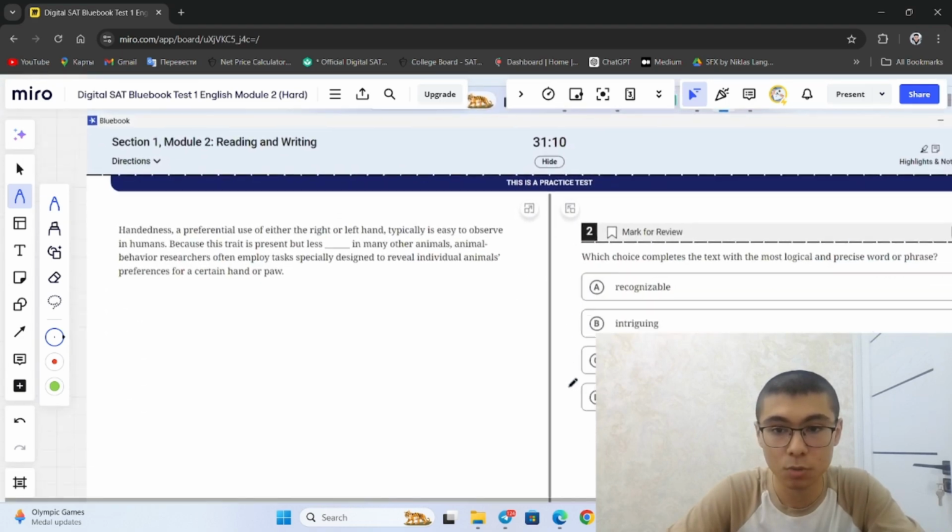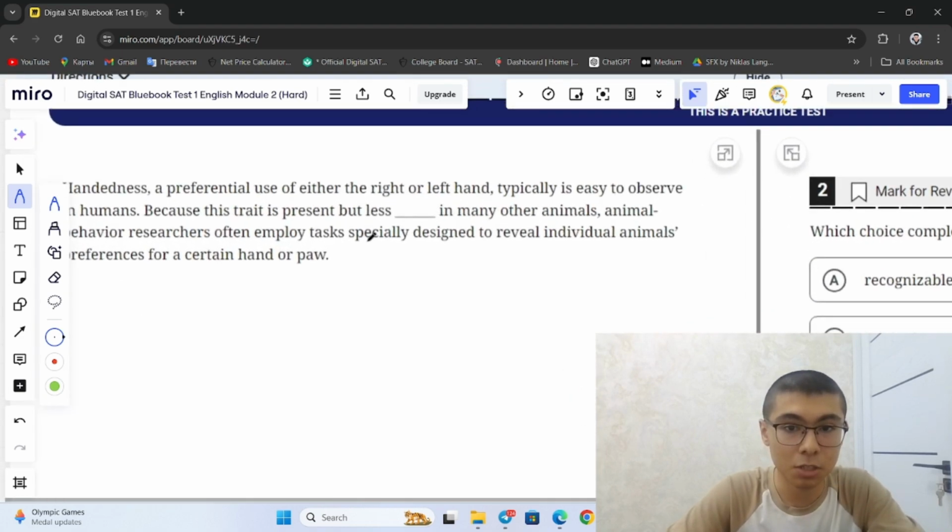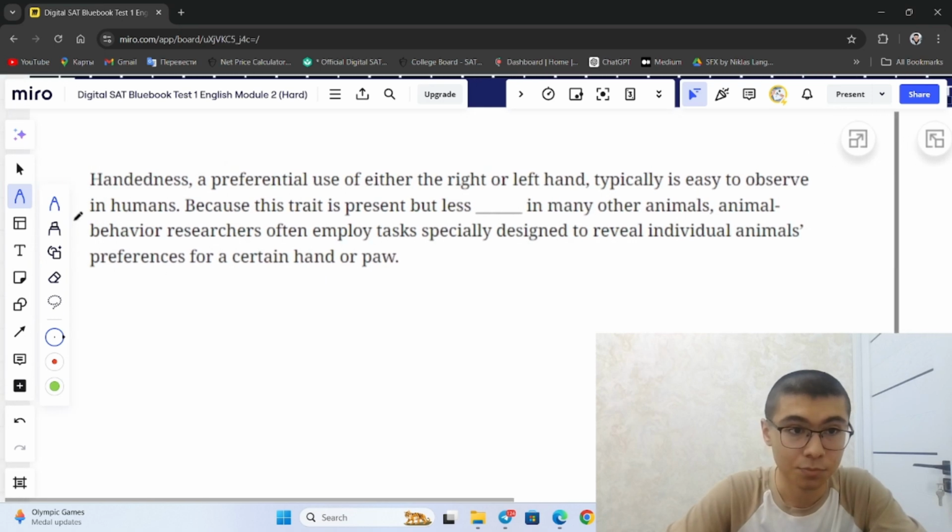So question number 2. Again, first I'm gonna look at the text. Handedness, a preferential use of either the right or left hand, typically is easy to observe in humans. Because this trait is present but less, so it's present, but then we have a contrasting word, but.